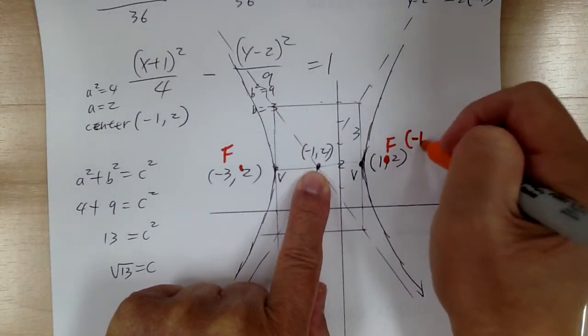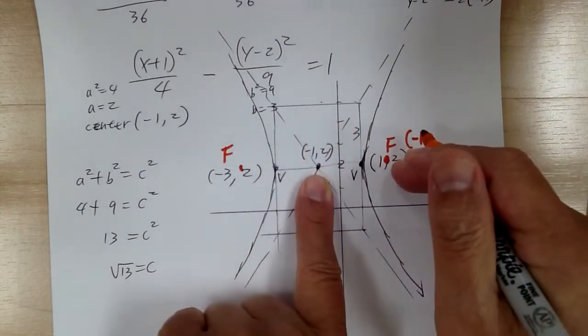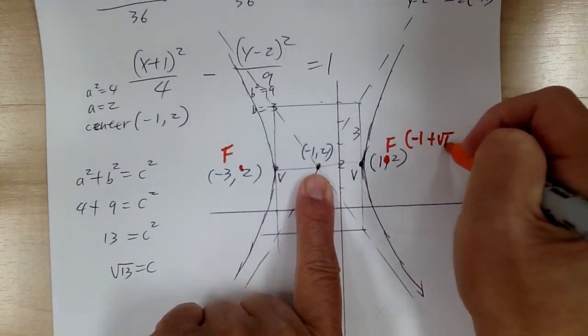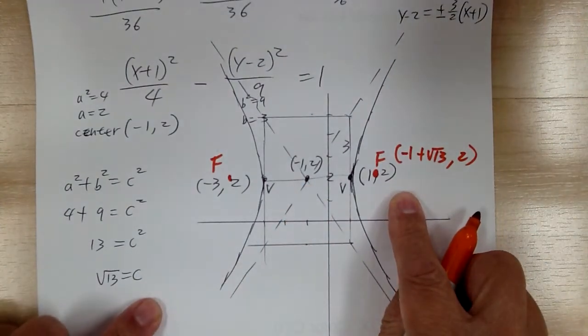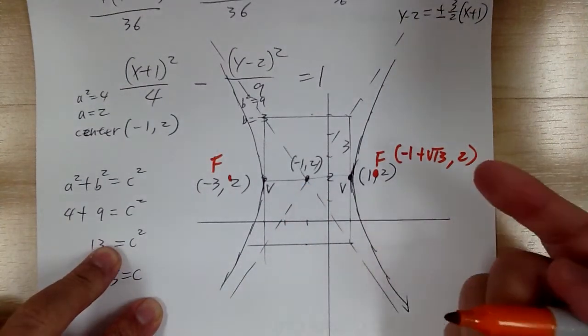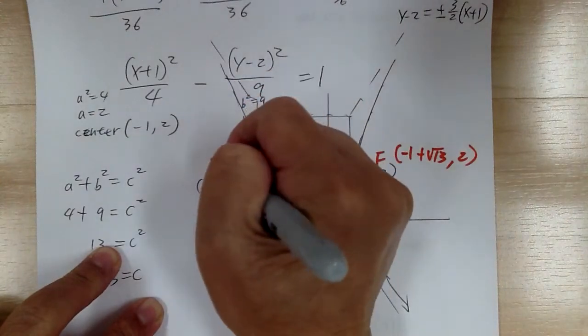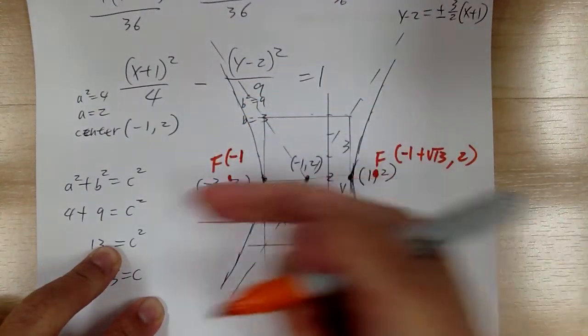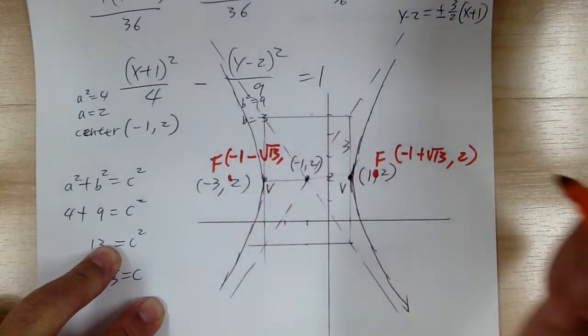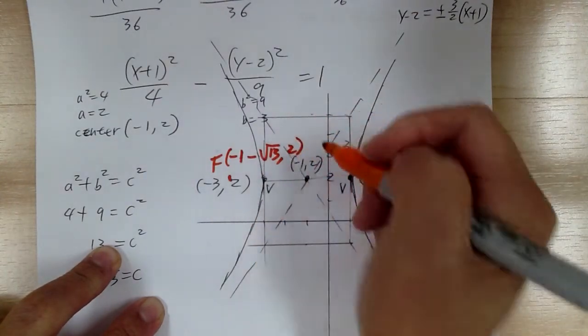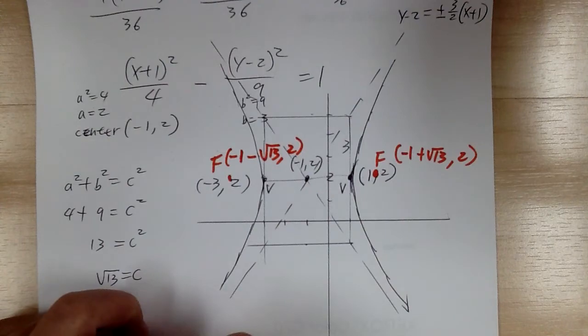So you start at -1 and you go square root of 13, so it would be plus square root of 13, comma 2. Okay, so that would be the focus. And when you go this way, you start at -1, you have to subtract. So it would be minus square root of 13, comma 2. Okay? Okay, so that takes care of the F.